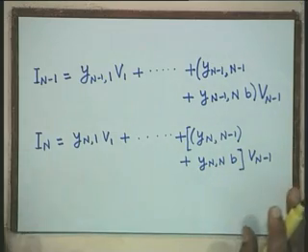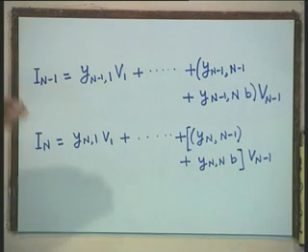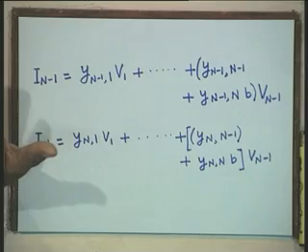It is very simple. Now, the number of equations still are equal to n, although the number of elements in the row have been reduced from n to n minus 1.